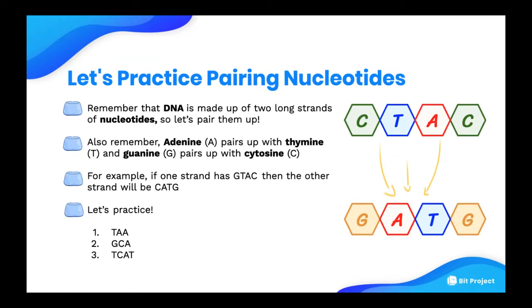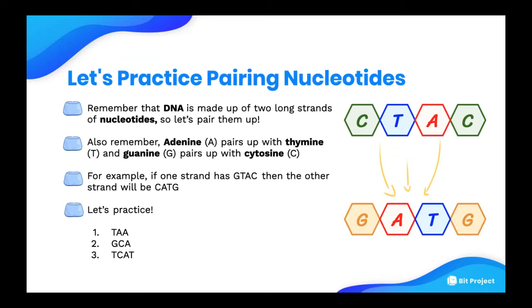Okay, so now we're going to practice pairing our nucleotides. We're going to be pairing our nucleotides when we make our candy DNA model, so we want to make sure that we got this down. So remember, DNA is made out of 2 long strands of nucleotides. So we're going to practice pairing them up. Also remember that adenine A pairs up with thymine T, and guanine G pairs up with cytosine C. And if you forget that, you can see it in the picture to the right again.